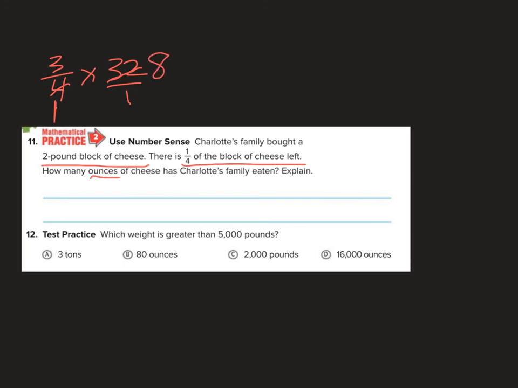Then I multiply my numerators: 3 times 8 is 24. Multiplying my denominators, 1 times 1 is 1. So our answer is 24 ounces. Explain really means if you showed your work, that's your explanation.